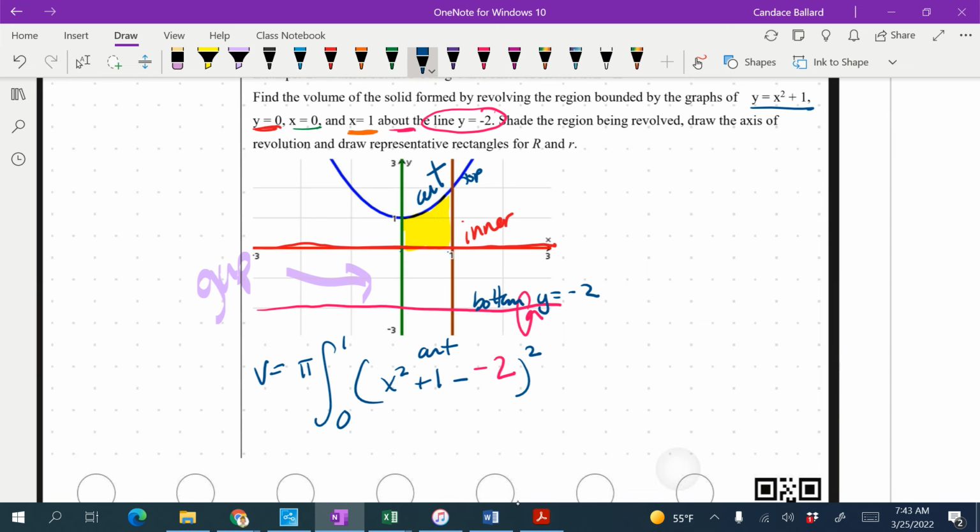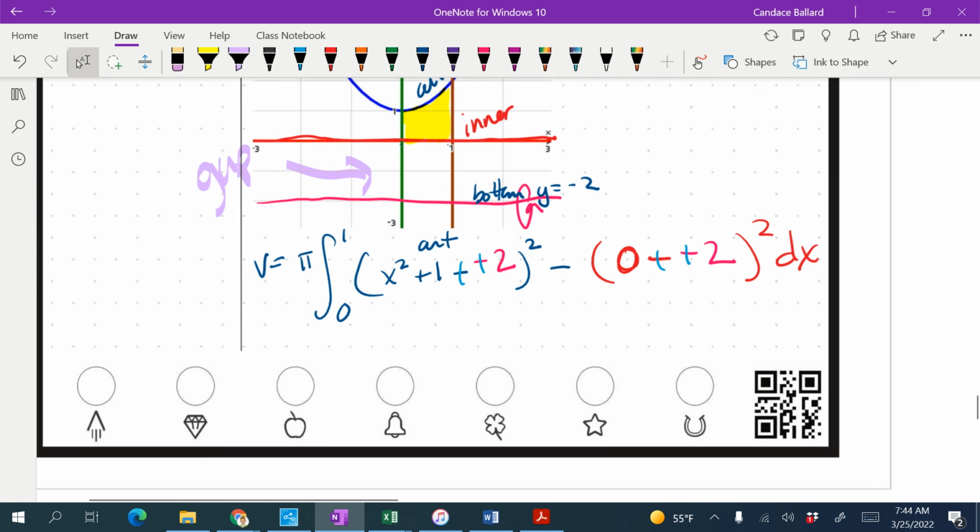All right, and then we're going to subtract the whole thing from our inner function. Whoops, I forgot the dx at the end. Okay, and then the inner function is y equals 0. So I'm going to go 0 minus the axis of rotation, which is -2. So all of these double negatives are going to go ahead and go positive.